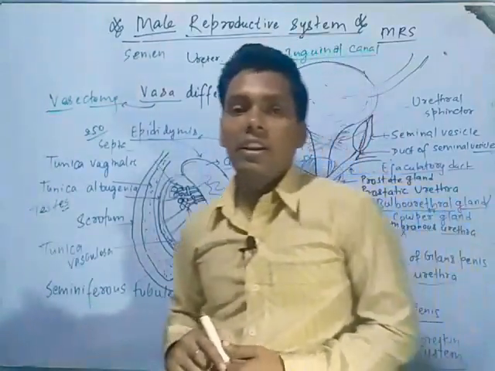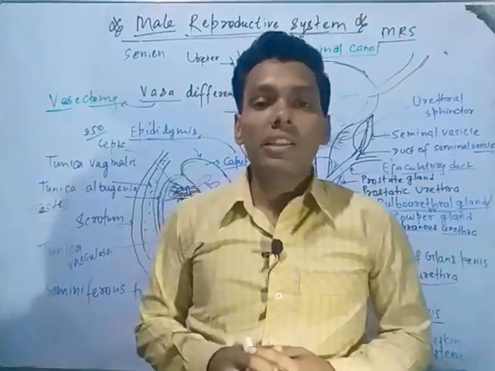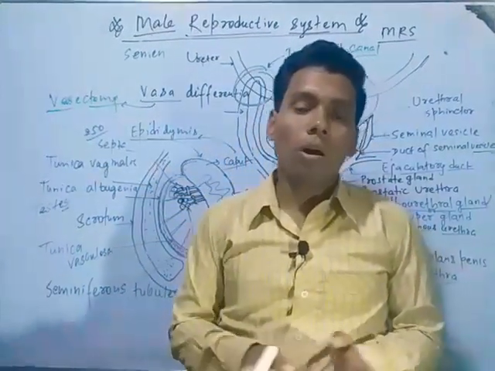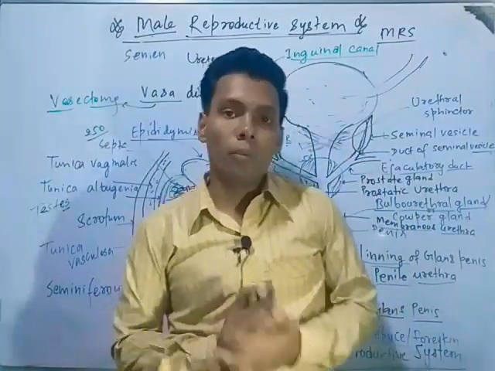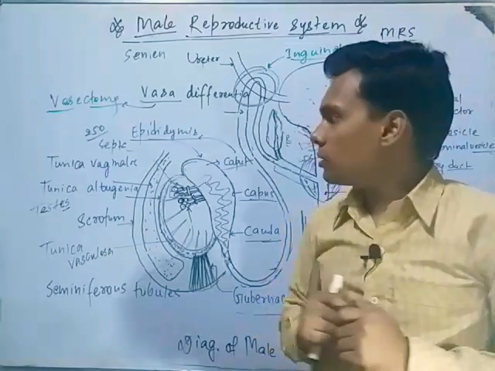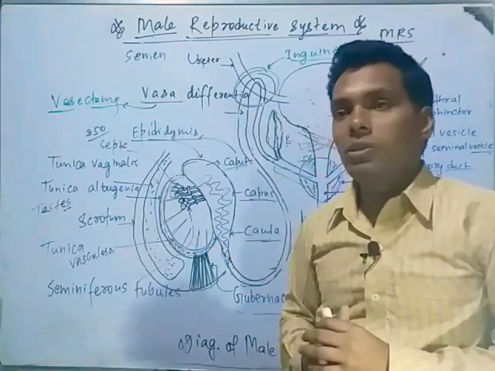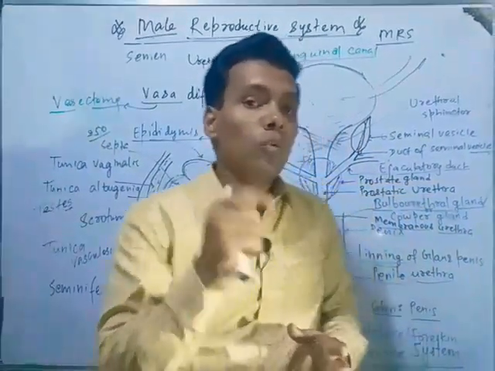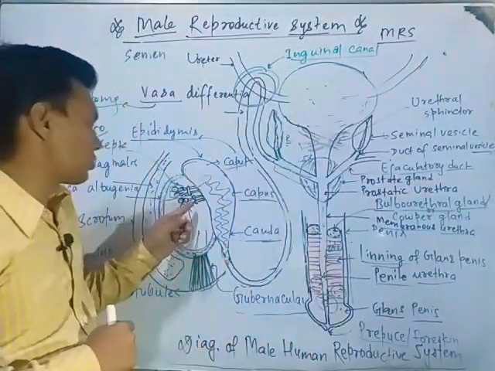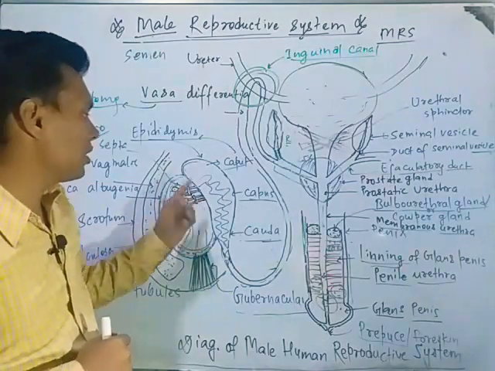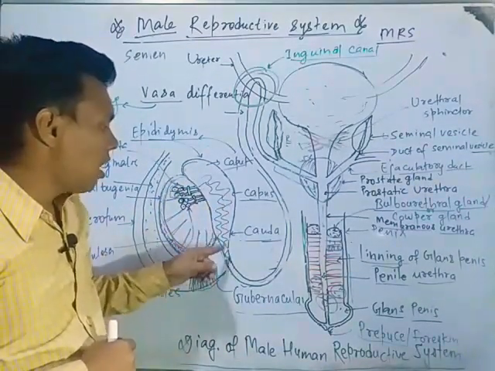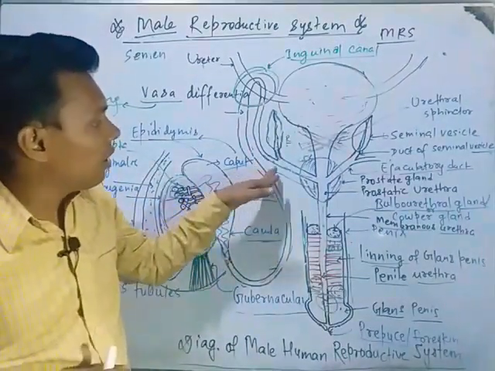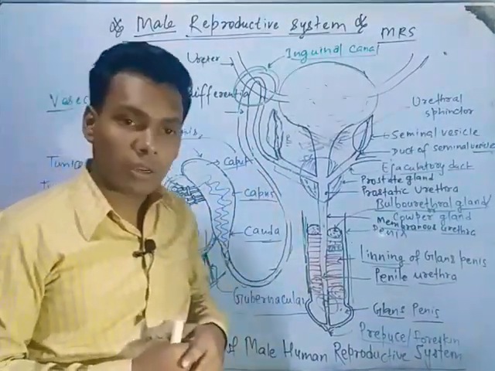What is a secondary sex organ? It does not perform gametogenesis or secretion of hormones, but its functions are extraordinarily important in the male reproductive system. Examples are tubule-like structures: the vasa efferentia before the epididymis, then the epididymis, then the vas deferens, and after that the ejaculatory duct.